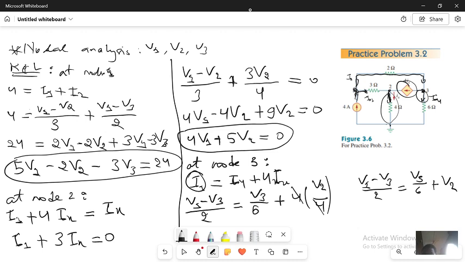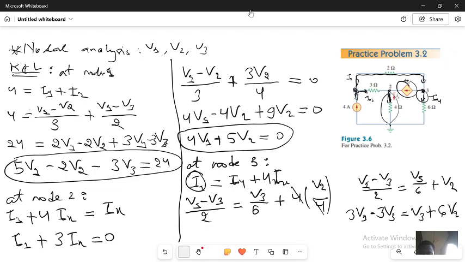So by the end, if I multiply by 6, because I have 1 here, 6 multiplied by 1 is 6, and 6 divided by 2 is 3, I get 3V1 minus 3V3 equal, this 6 goes, remains V3, plus 6V2.